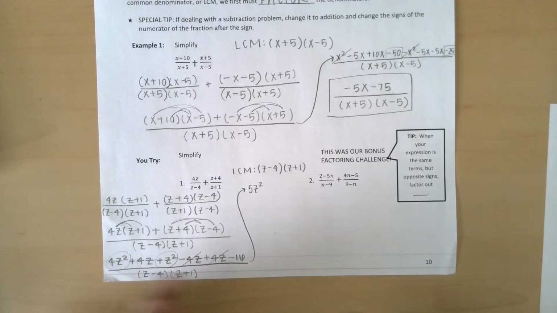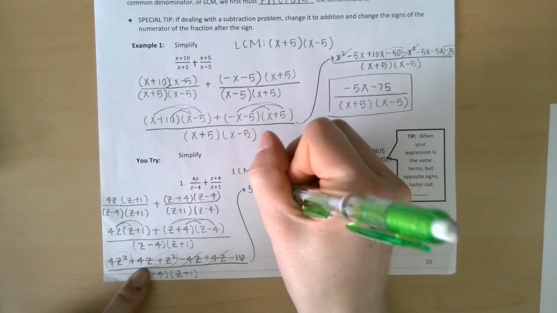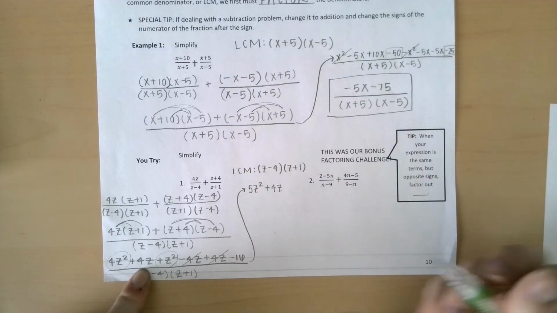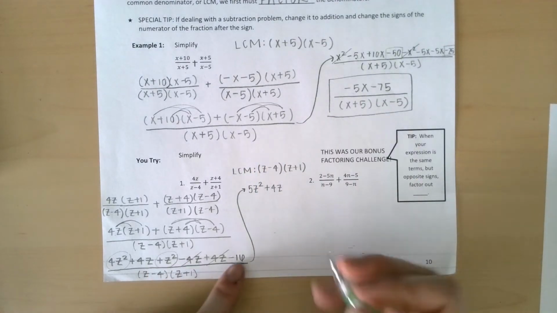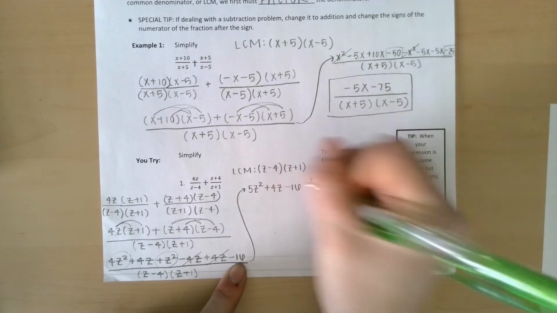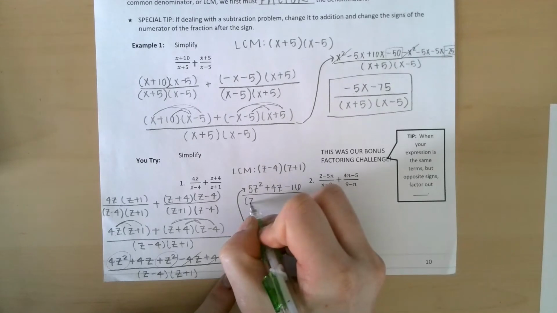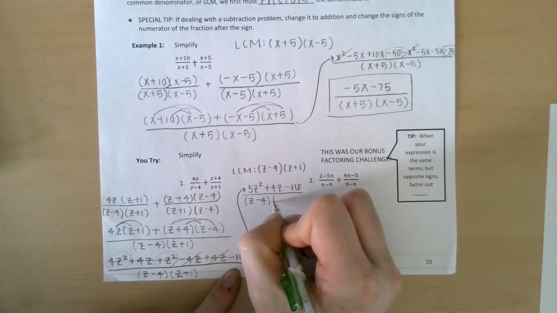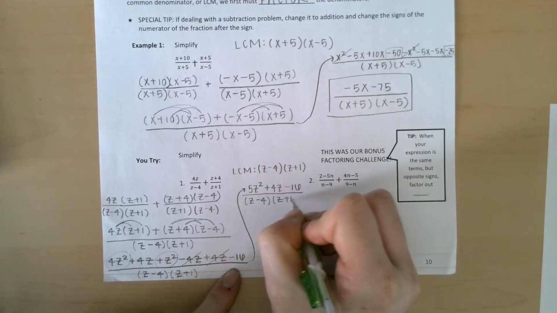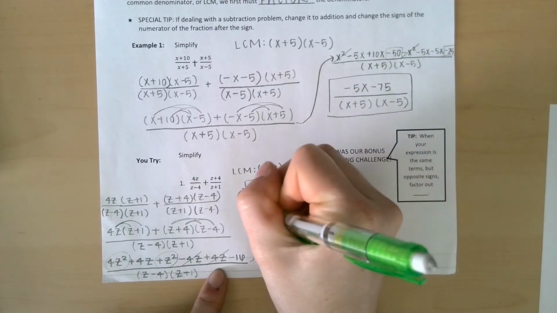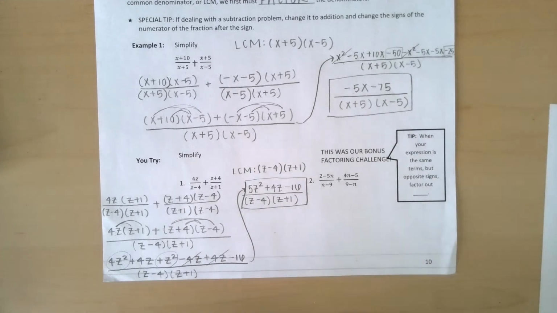A negative 4 plus 4 cancels, so I just have 4z. And constants, looks like I just have that negative 16. Again, my denominator remains the same, that LCM. This right here is our final answer.